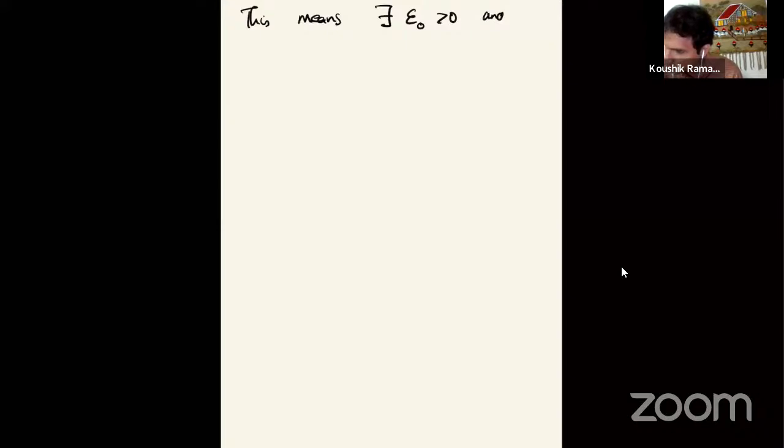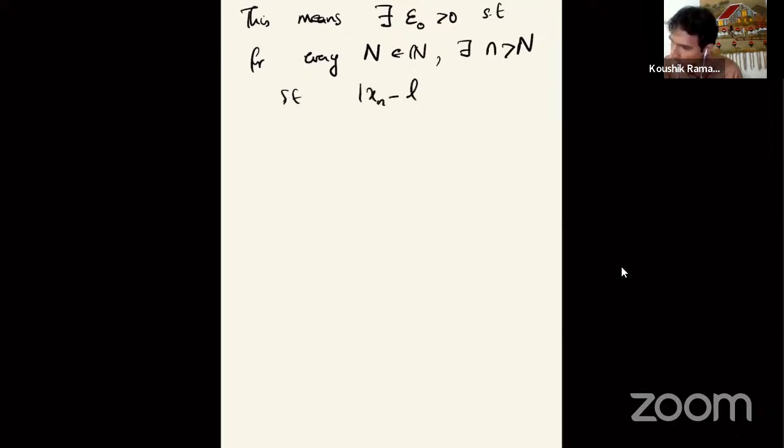Such that, okay, so maybe I'll just write it the same way. Such that for every n, there exists some number n bigger than n such that mod xn minus L is bigger than or equal to epsilon.